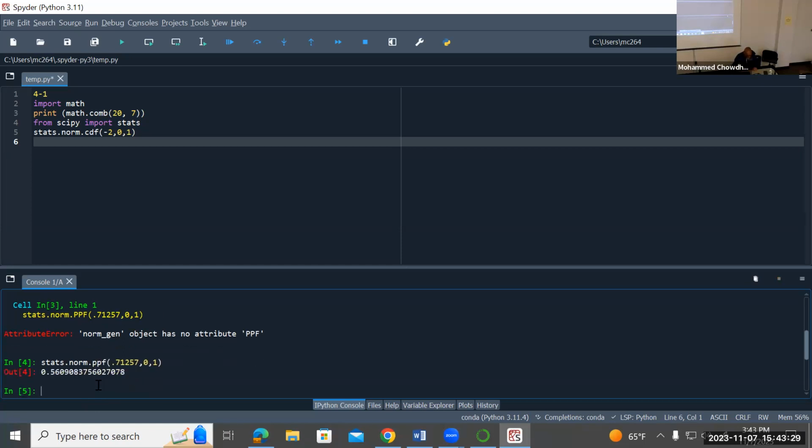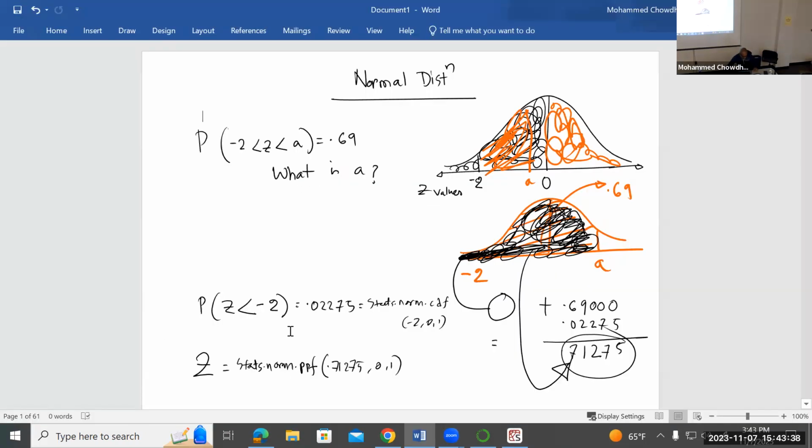So PPF gives 0.5609. So that means the Z value here is 0.5609.